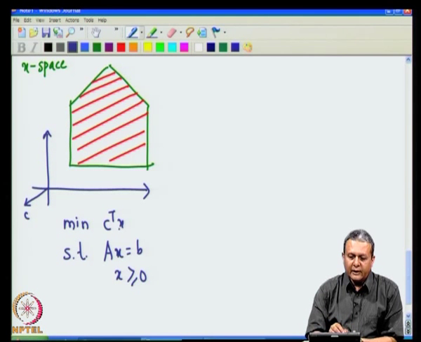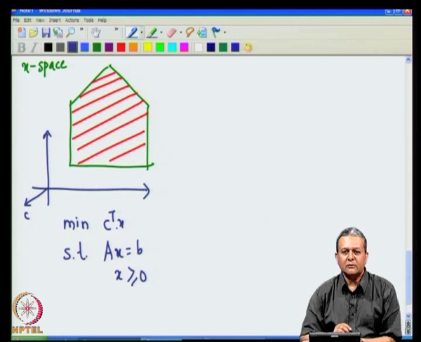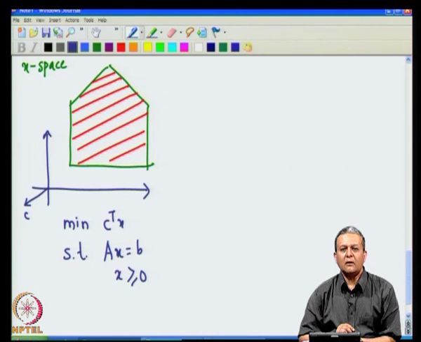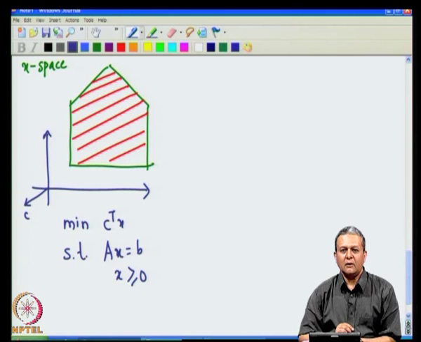So, if we take the gradient of this objective function which is C, and take the negative gradient which is minus C. So, from a given feasible point, one needs to move along the direction of steepest descent, but this steepest descent direction may not always lie in the feasible region. So, what we need to do is find the direction which is a projection of steepest descent direction on the feasible region.